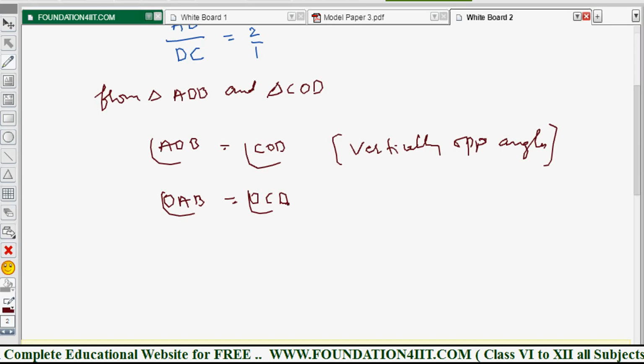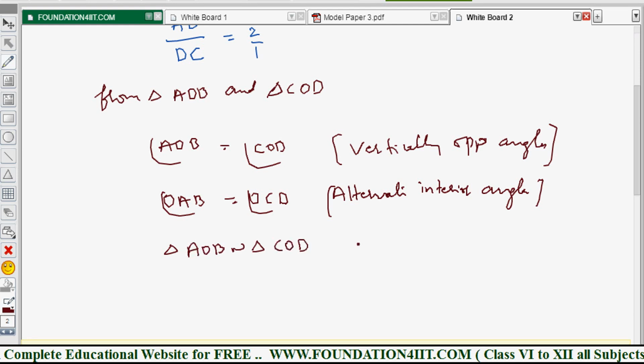This is OCD, alternate interior angles. Alternate interior angles are equal. Therefore triangle AOB is similar to triangle COD. So this is by AA axiom. 2 angles are the same, then automatically the third angle is also equal.